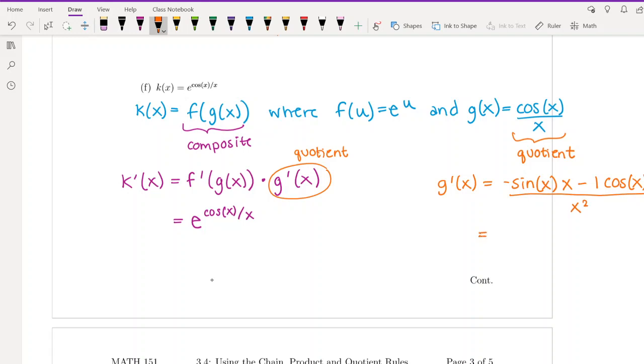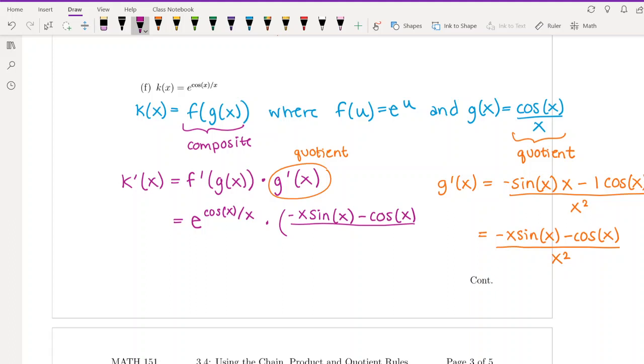In other words, we have negative x sine of x minus cosine of x all over x squared. And now we can put that in as the second part of our chain rule. And that's it.